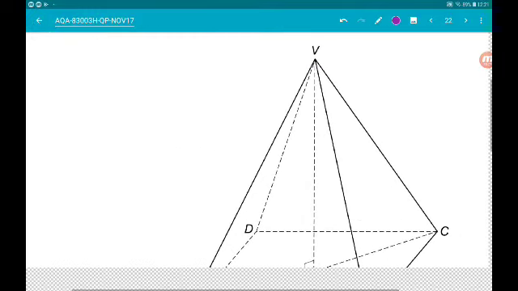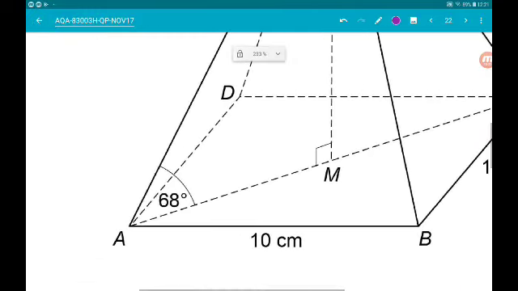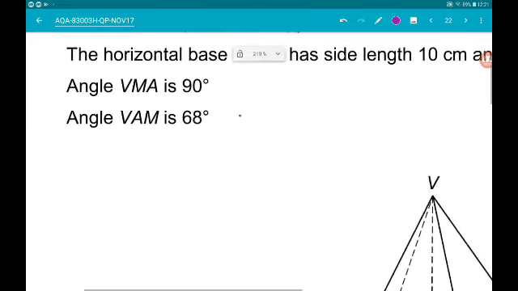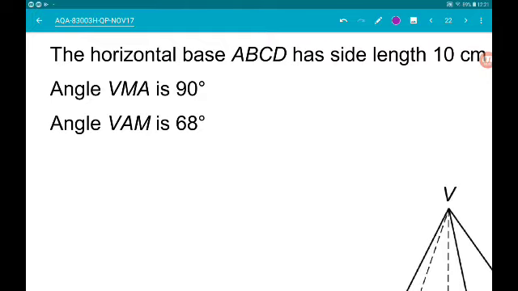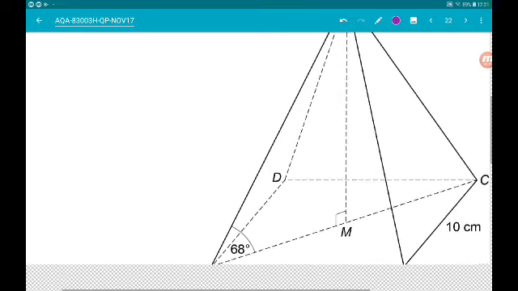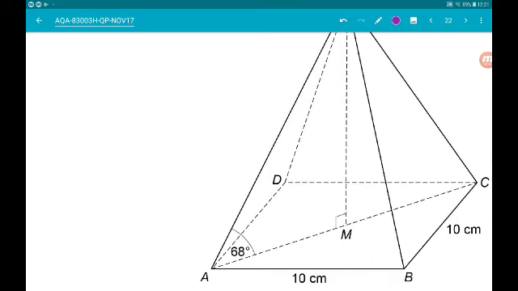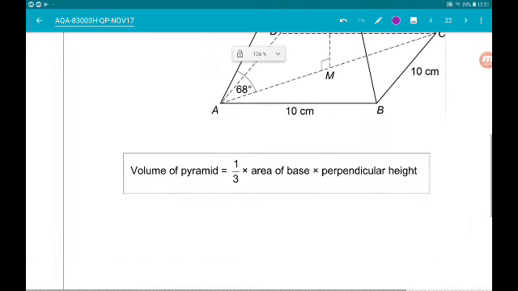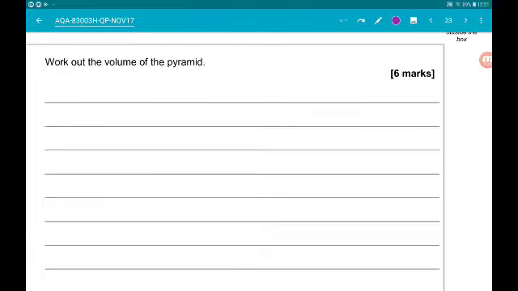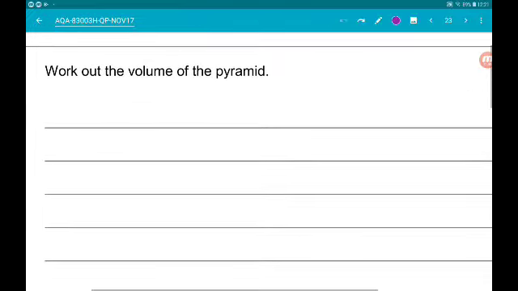So that means from the tip of the triangle down to the centre and across to A. And we are told angle VAM is 68. So that's the angle down from the tip to the corner A to the centre M. Now we're told the volume of a pyramid is 1/3 times the area of the base times the perpendicular height. And for 6 marks, we want to work out the volume of the pyramid.